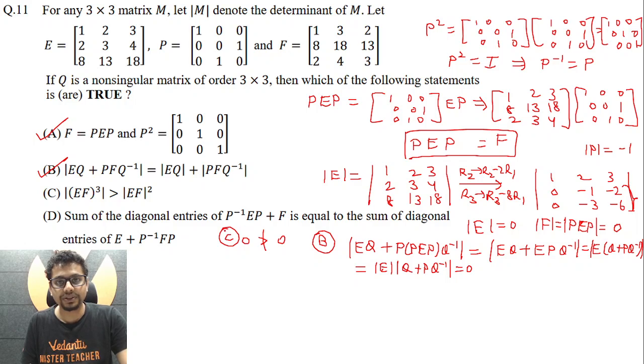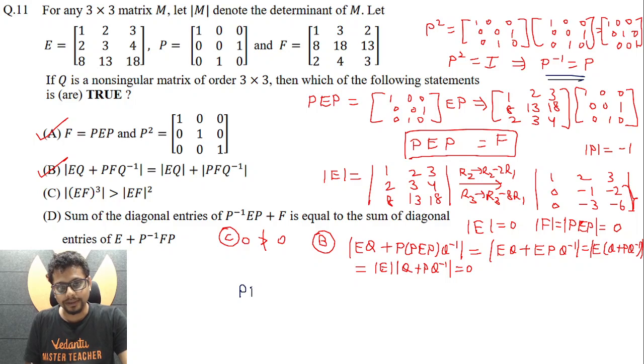Now coming to the D option, sum of diagonal elements of P inverse EP plus F is equal to the sum of diagonal entries of E plus P inverse FP. Here if you see carefully, P inverse is same as P. We have already established this.